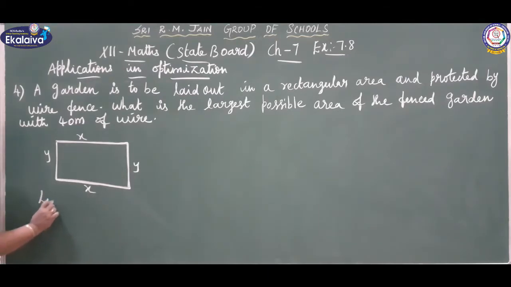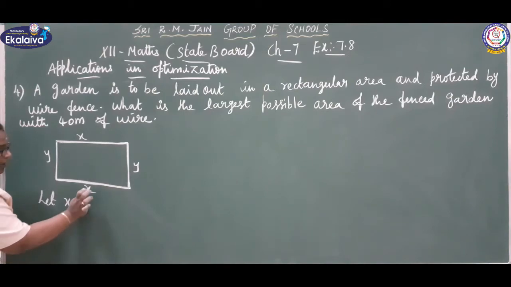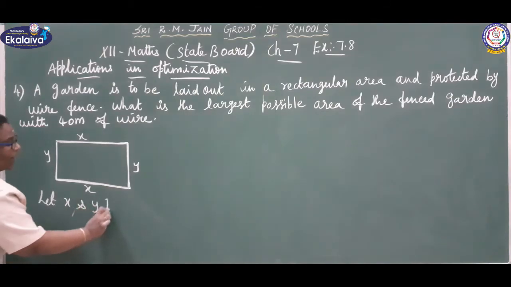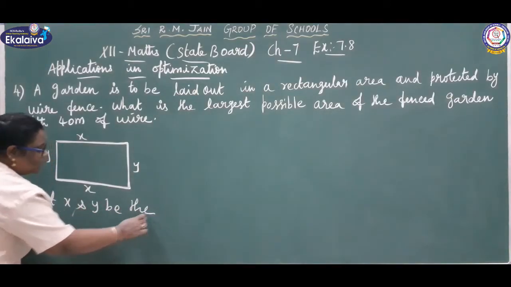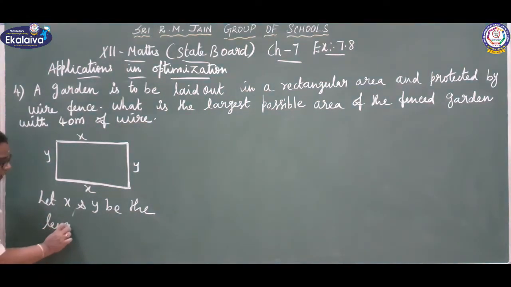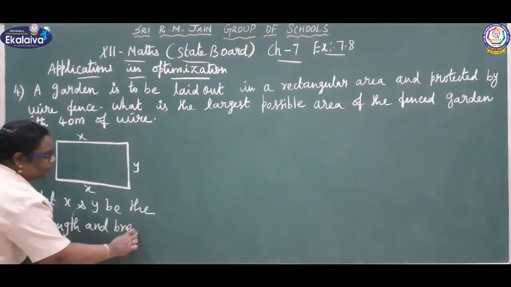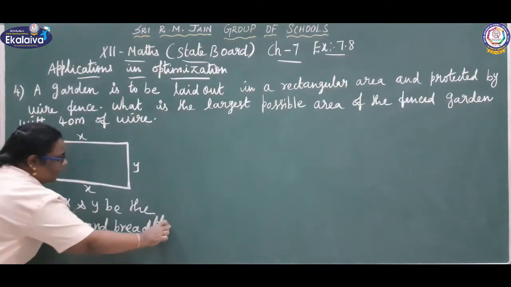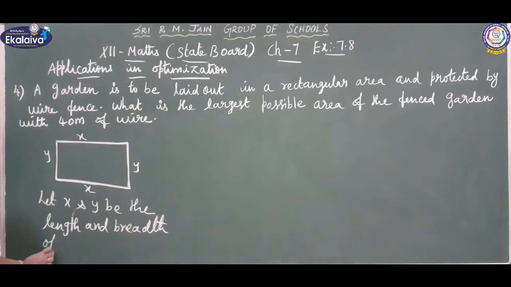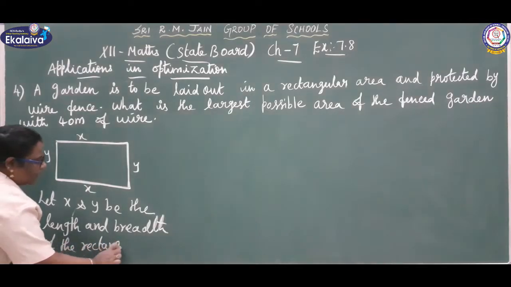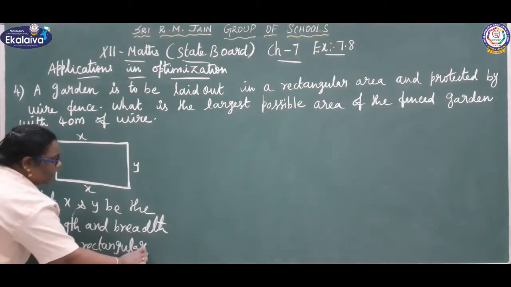So let x and y be the length and breadth of the rectangular garden.